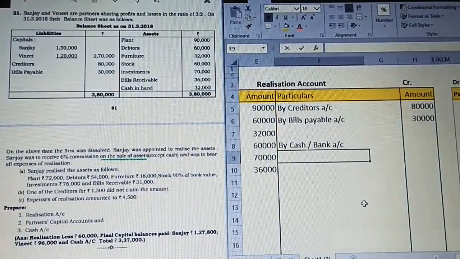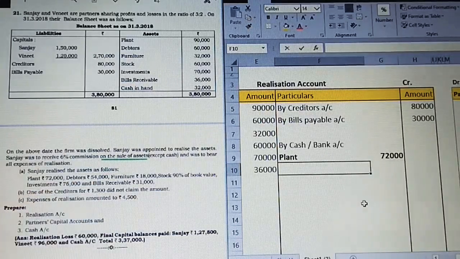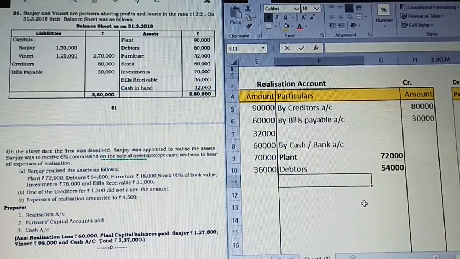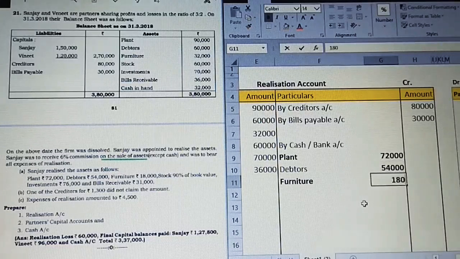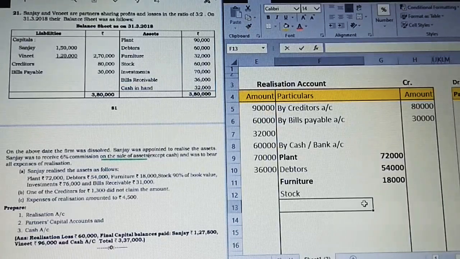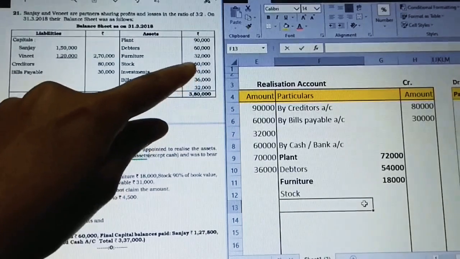Cash is coming in. Let us just take plant. What is the value? 72,000. Just observe here, it is given. Then debtors 54,000. Furniture 18,000. Then stock. Observe stock. It is given as 90% of the book value. So what is the book value of the stock in the question? 60,000.